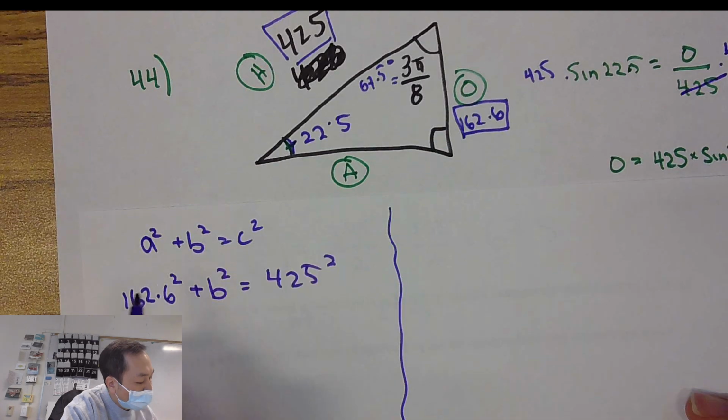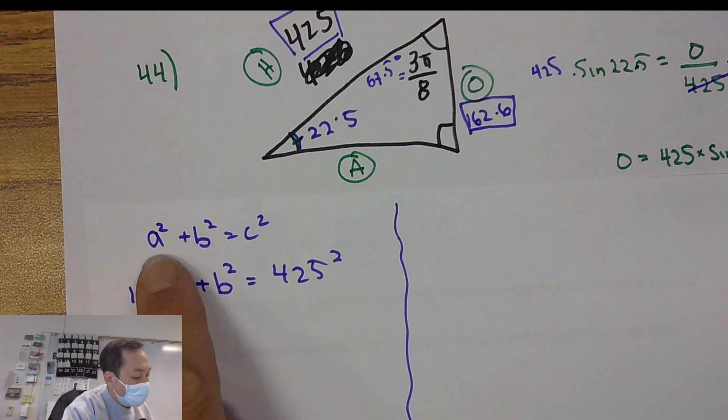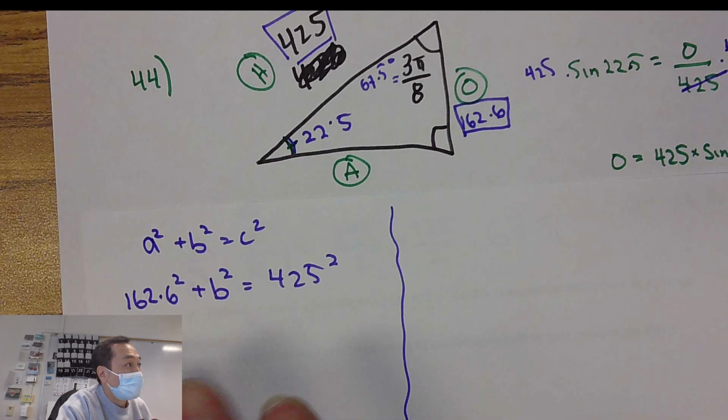You might be wondering why I labeled this as my A and this as my C. As long as the longest side, which is across from the 90, your hypotenuse, is your C, your A and your B don't really matter. As long as the 425 is your C squared, then the other two sides don't matter.